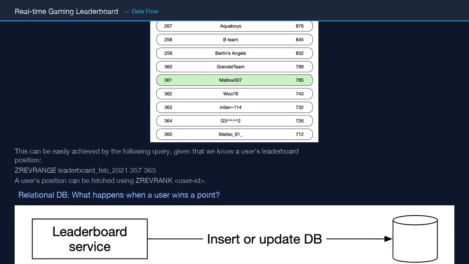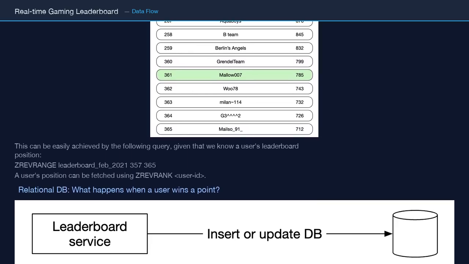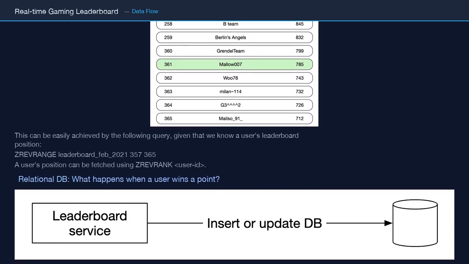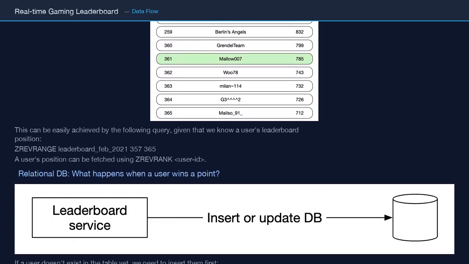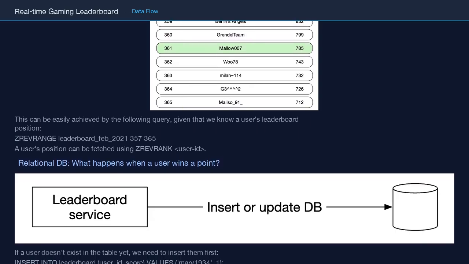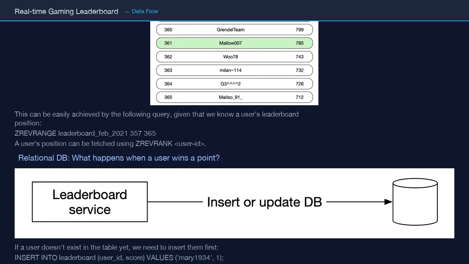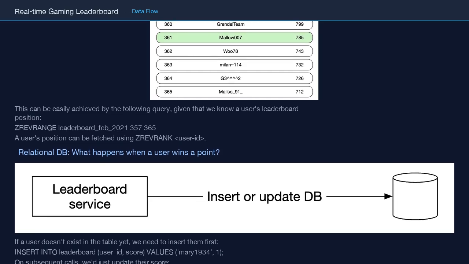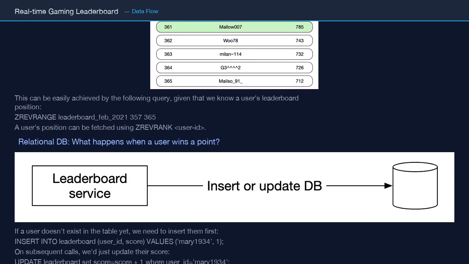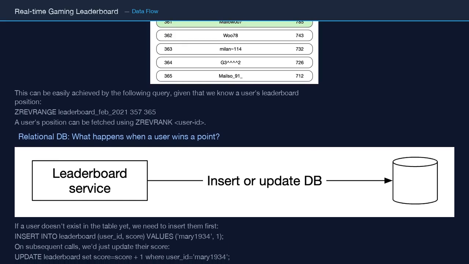If we know a user sits around position 357, we can retrieve the surrounding window with ZREVRANGE leaderboard_February_2021 357 365. And to find that position in the first place, we use ZREVRANK followed by the user ID. Redis handles this efficiently because the sorted set data structure is designed exactly for ranked retrieval.